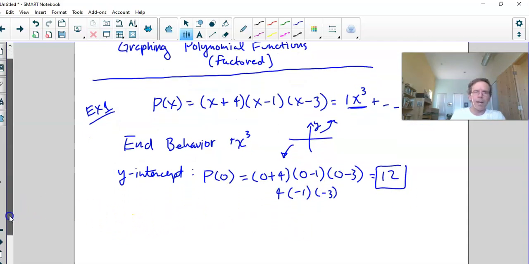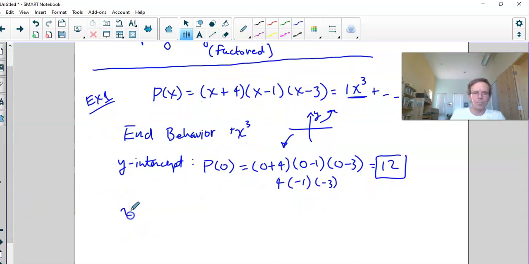What are our x-intercepts? And we want to know the behavior near those intercepts as well, not just where they are, but how the graph behaves near them. And that's related to the multiplicity of each factor here, each zero.